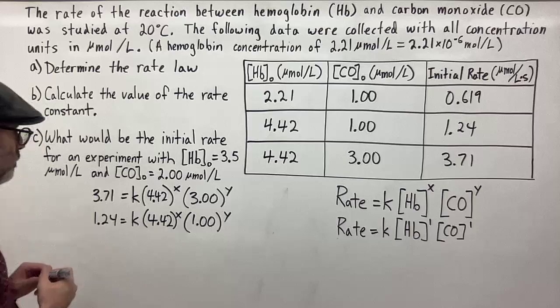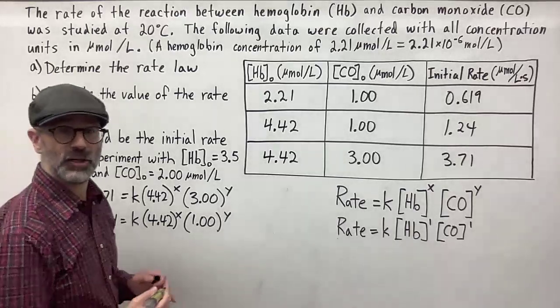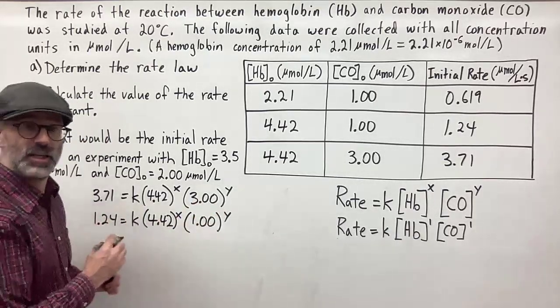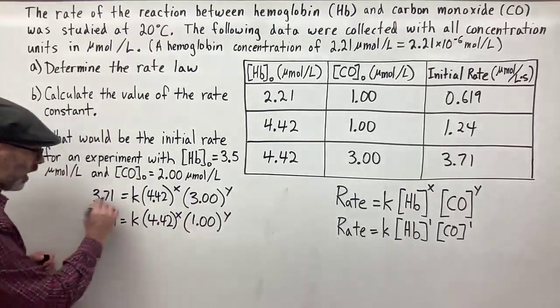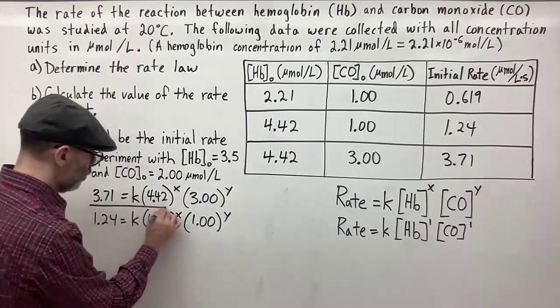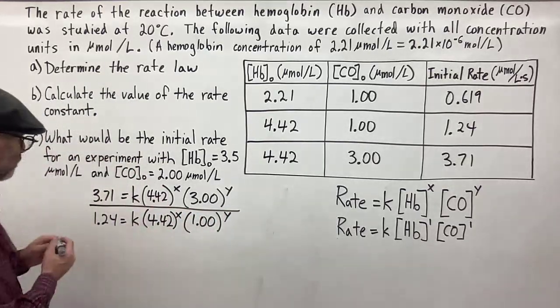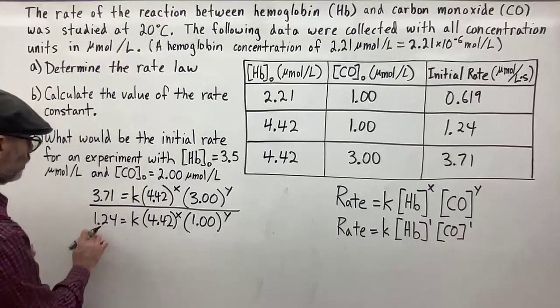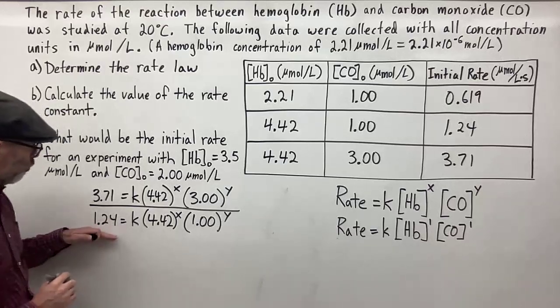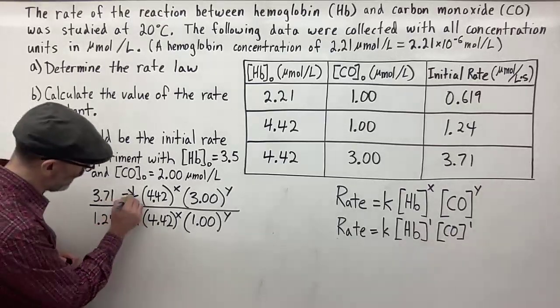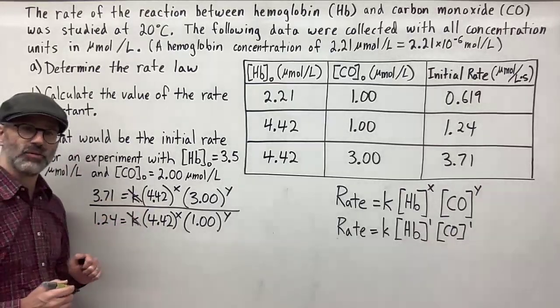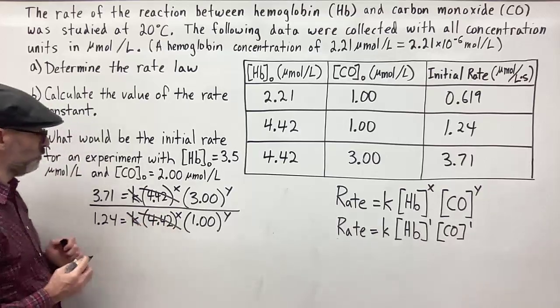And again, to figure out what the Y is, we're going to take the two equations here and divide them. We'll take the 3.71 divided by the 1.24, but notice again that K cancels out. And then here we have 4.42 to the X, 4.42 to the X, so that's going to cancel out.